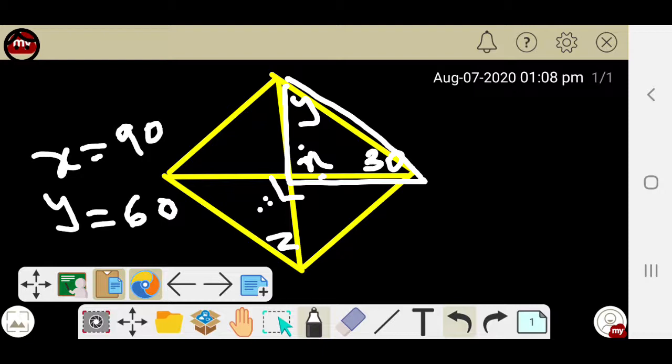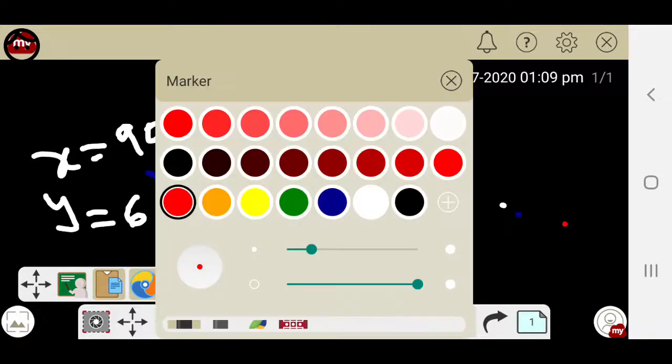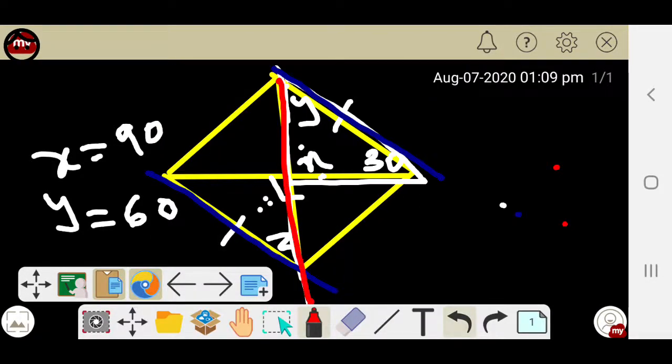Listen dear children, it is a parallelogram. Yes, parallel sides. These two are parallel. Then here we can consider this one is a transversal. Two parallel sides are intersected by a transversal.